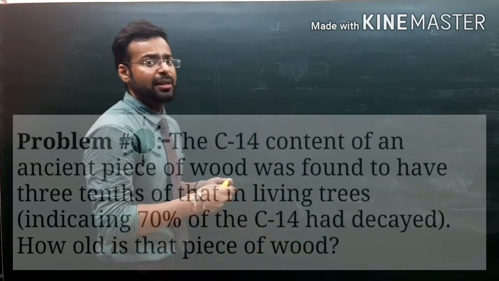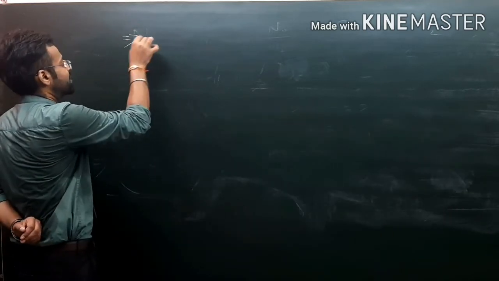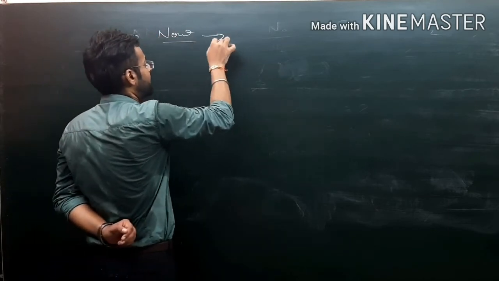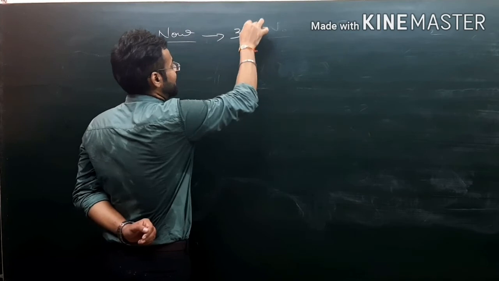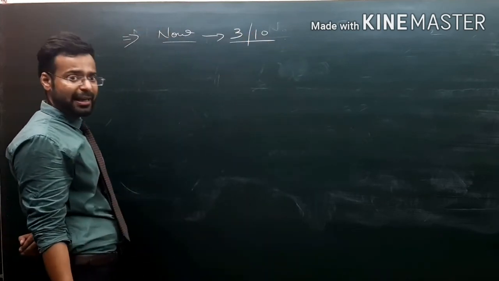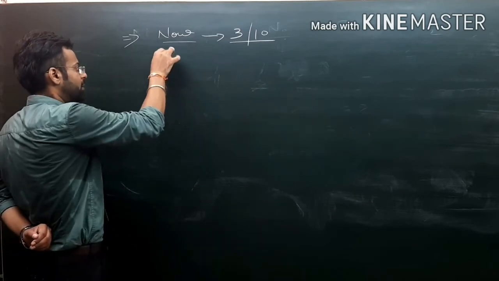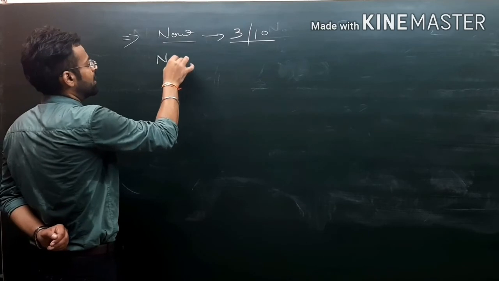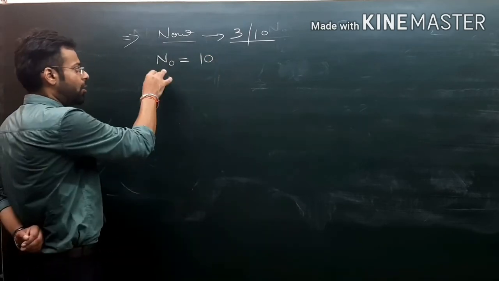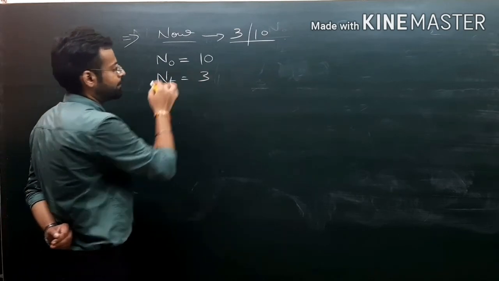Now, it is just giving us the ratio. It is telling us that it has become 3/10. It is giving a ratio that earlier it was 10, and now it has become its third part, it's 3.